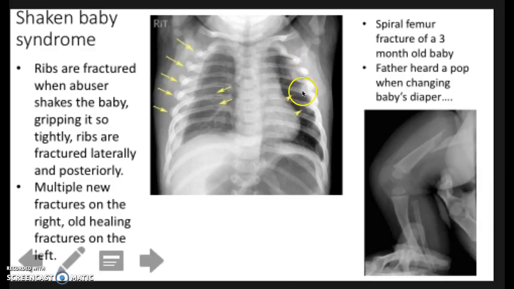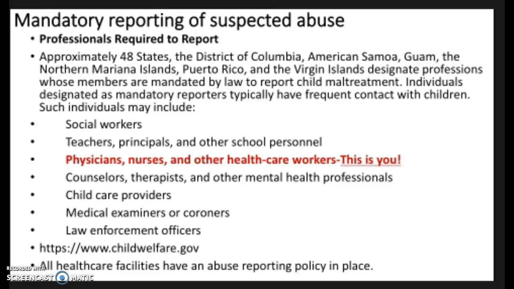Over here on this child, you can see the anterior ribs had fractures that are healing as well. So 2 months old and now has a second set of fractures on the opposite ribs. I think that child needs to be put somewhere where they're going to be safe. Now, as a healthcare provider, you are mandated by law to report any suspected abuse.